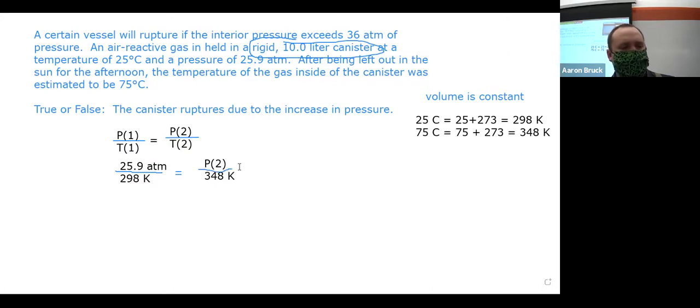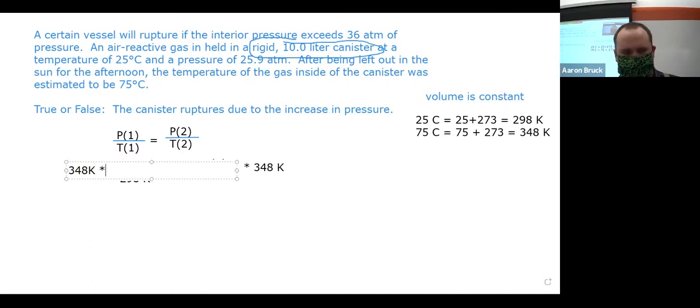To solve, we would multiply each side by 348 Kelvin. That would get our Kelvins to cancel on the left-hand side and the 348 Kelvins to cancel on the right-hand side.